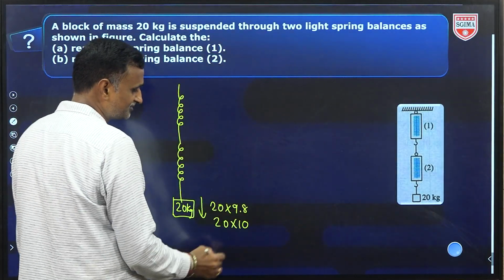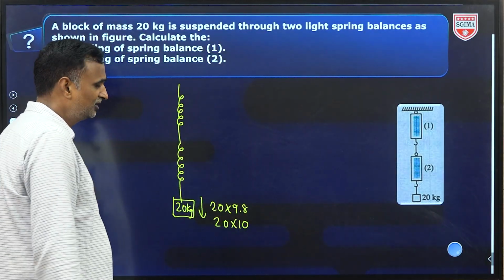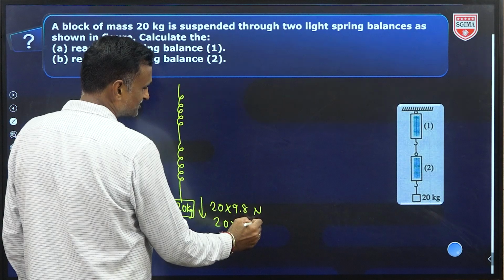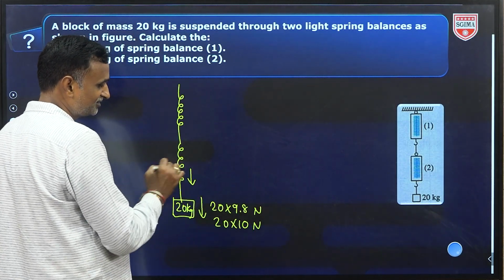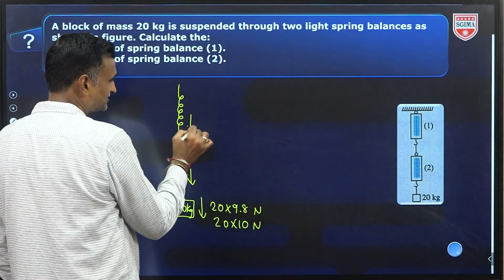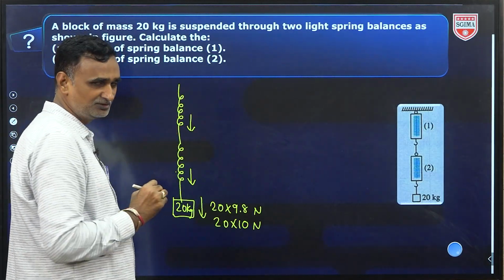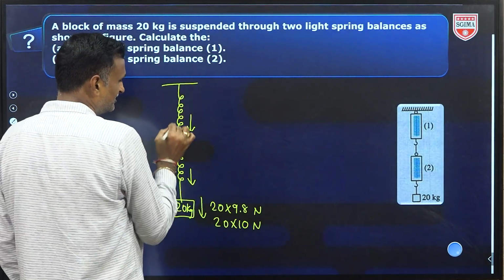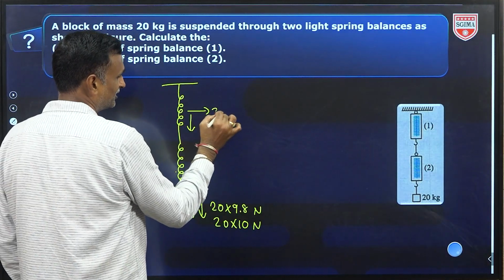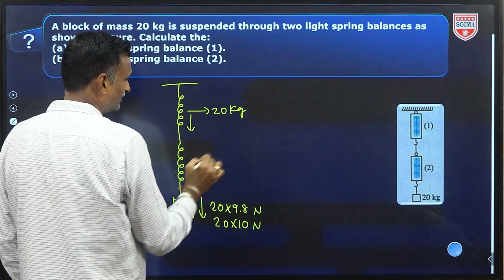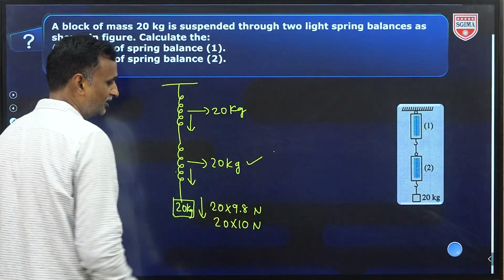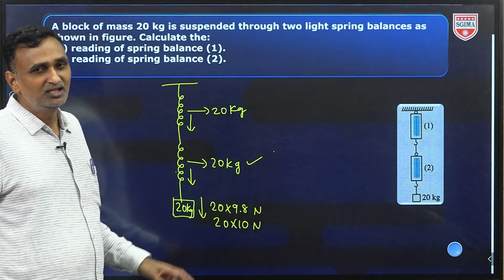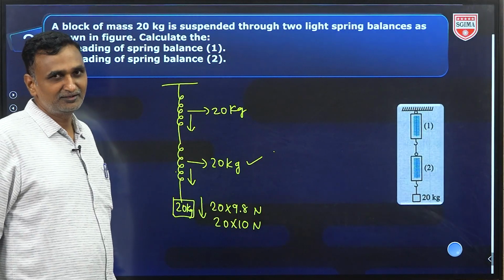It comes to 196, or 200. Here it comes in newtons, and the same force is exerted on spring balance 2 and the same force on spring balance 1. So the reading of this balance must be 20 kg and the reading of this balance must be 20 kg.